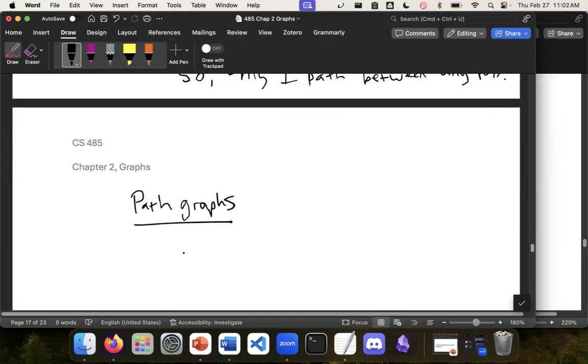These are not regular, but are bipartite, which we write as capital P with the subscript N. This is P of one. This is P of two, N being how many vertices are in this path.